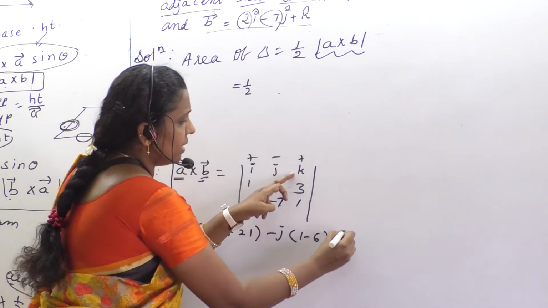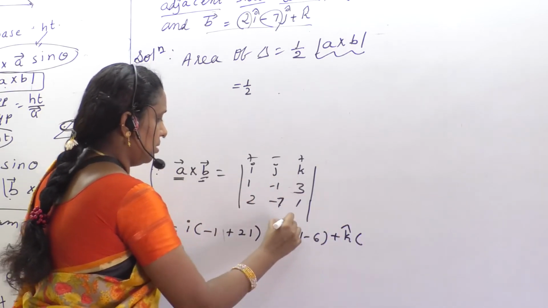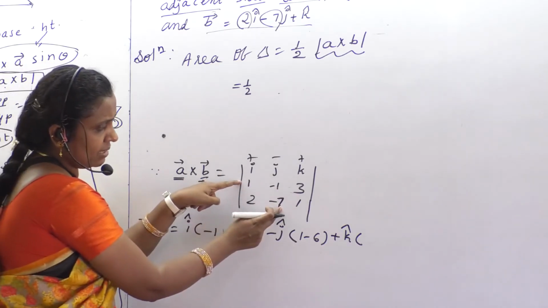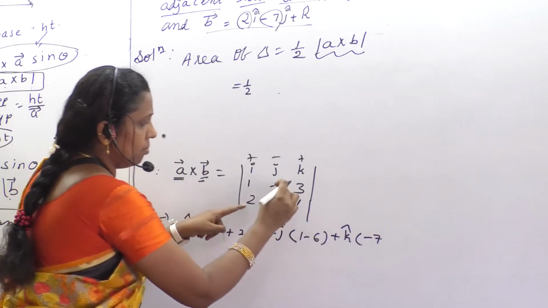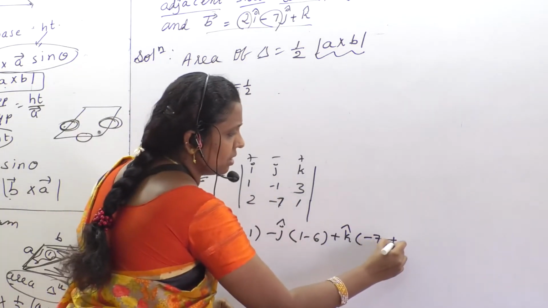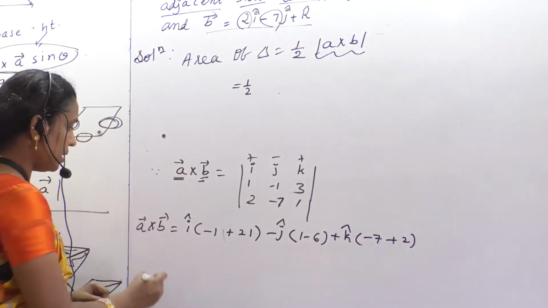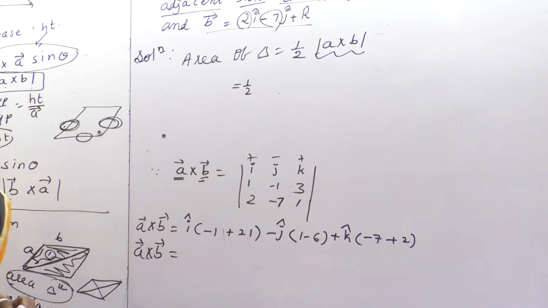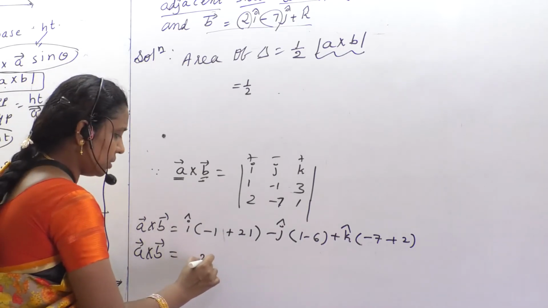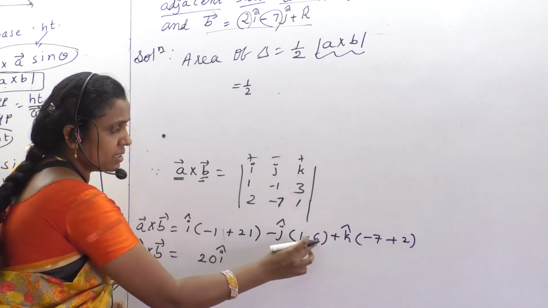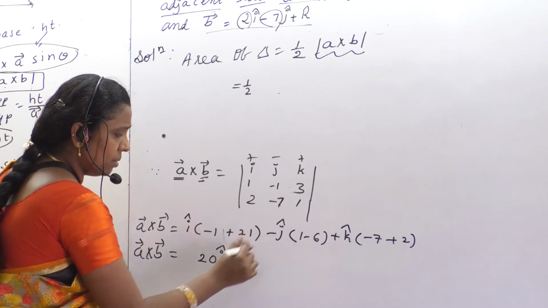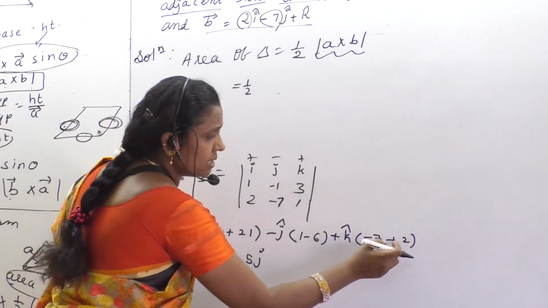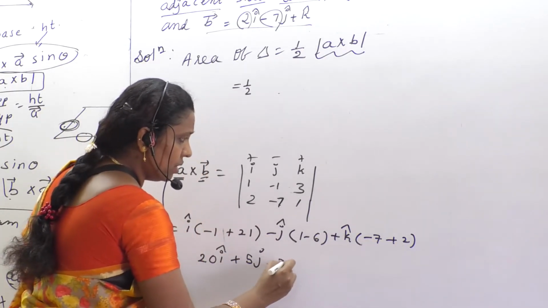Next, plus k: column and row, this you have to leave. 1 into minus 7, minus 7, minus 2, in between minus, it will be plus 2. So the result for A cross B: 21 minus 1 is 20i. Next, 6 minus 1 is minus 5, minus plus 5j. Next, minus 7 plus 2 is minus 5k.